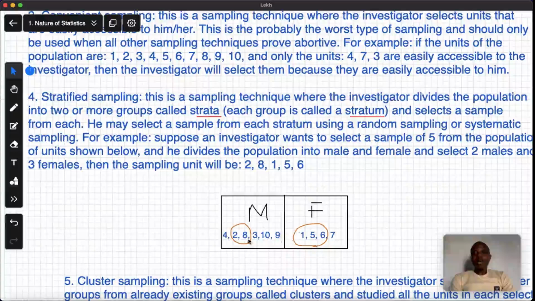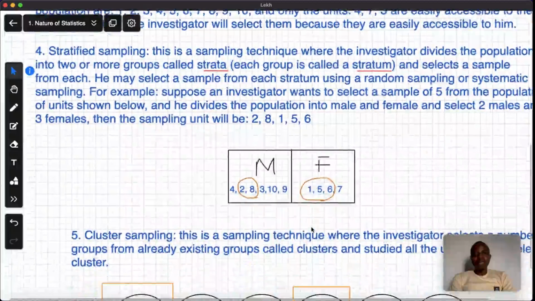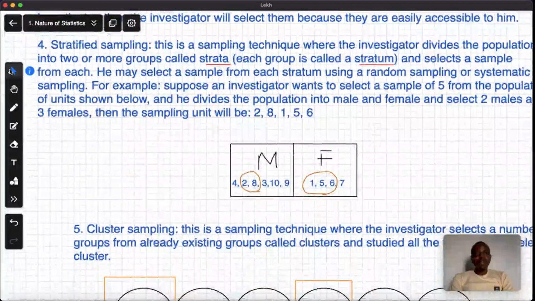When he divided the population into male and female, he found out that units 4, 2, 8, 3, 10, and 9 are males, while units 1, 5, 6, and 7 are females. So he selects just 2 males, using a random technique or systematic sampling technique. Then he selects 3 females. So that's that about stratified random sampling.